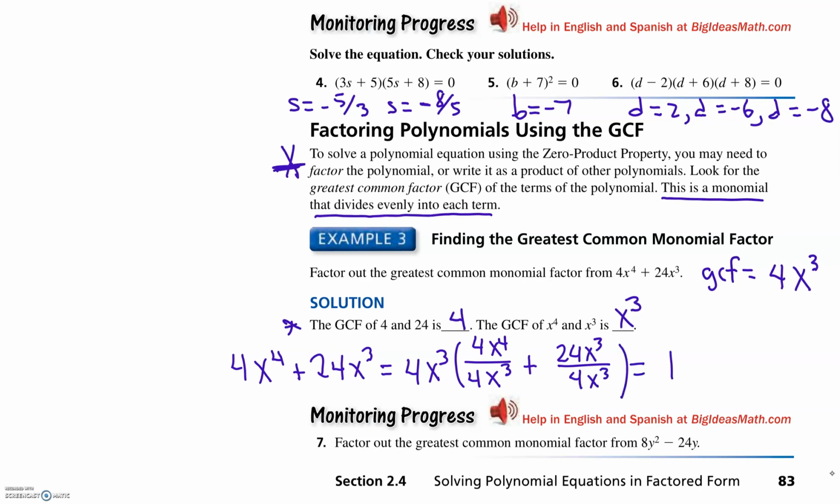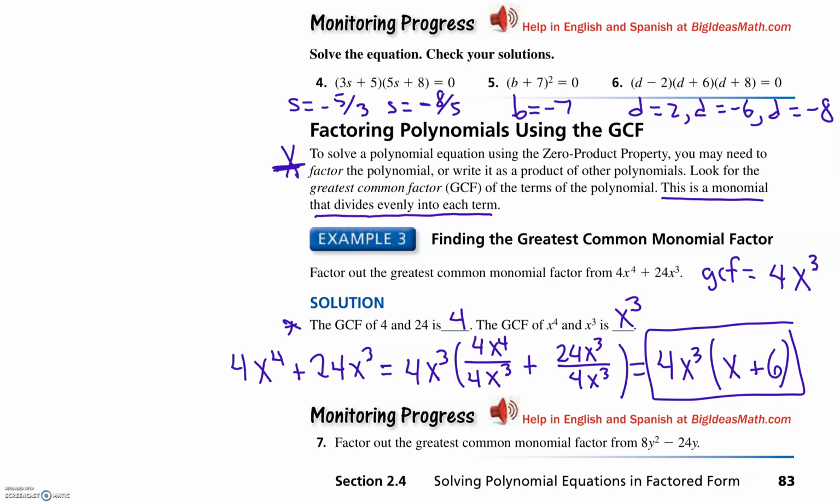Okay, so we have our greatest common factor times what is left when we divide each term by 4x to the 3rd. So 4x to the 4th divided by 4x to the 3rd is just x, and 24 divided by 4 is 6, and the x to the 3rd has been divided out, and we have our factored form.